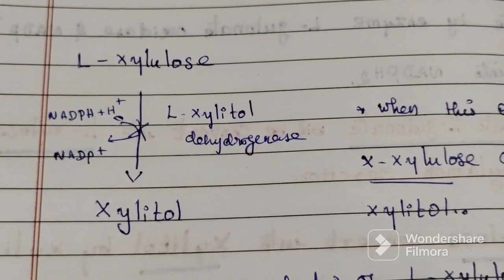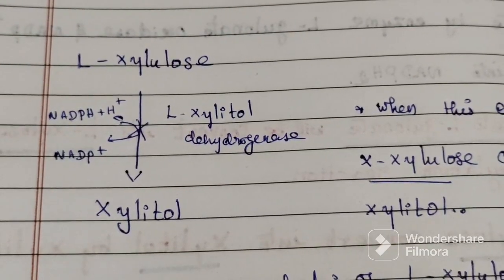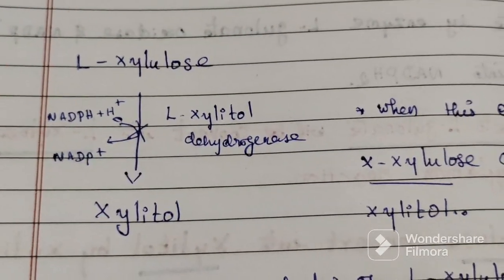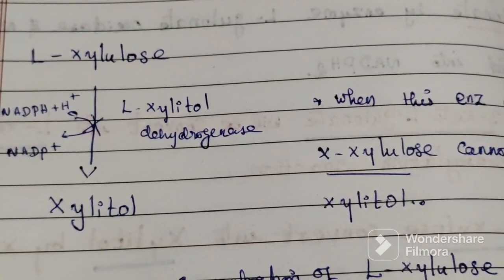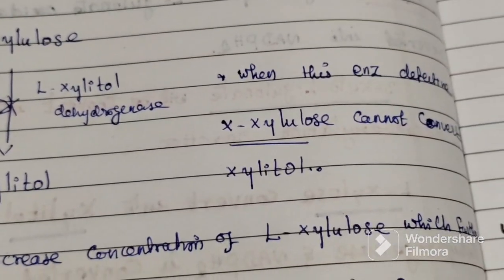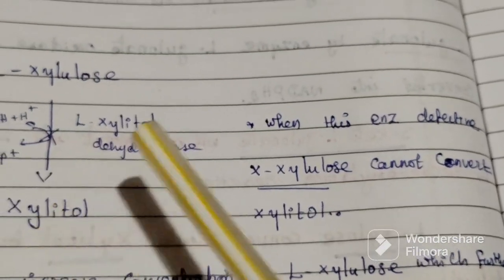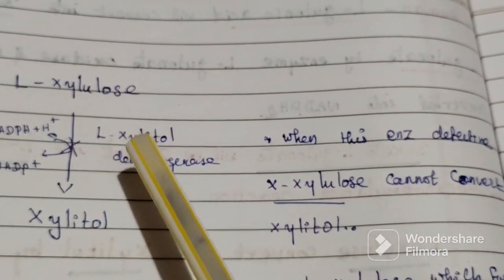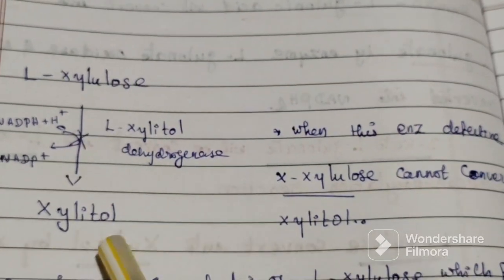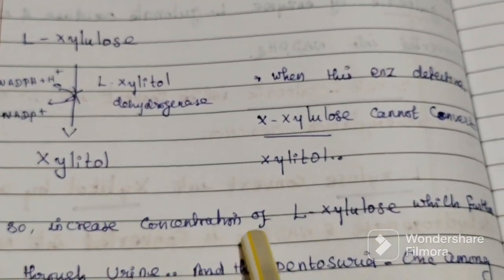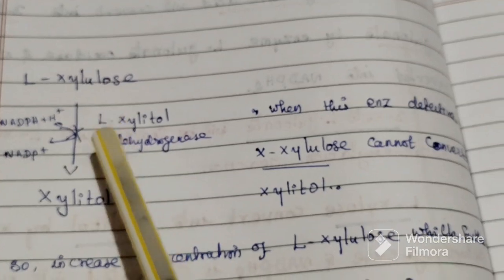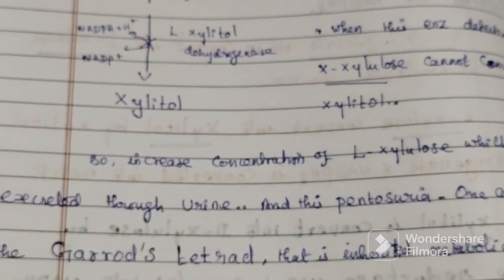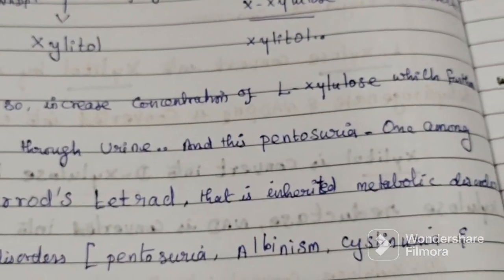This L-xylulose is converted into xylitol with the help of the enzyme xylitol dehydrogenase. When this enzyme is absent or defective, this L-xylulose cannot be converted into xylitol. So there is an increased concentration of this L-xylulose, which is further excreted through urine.